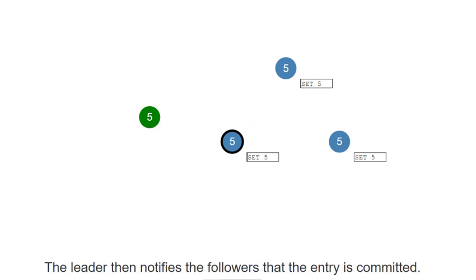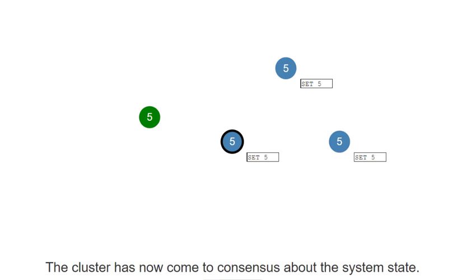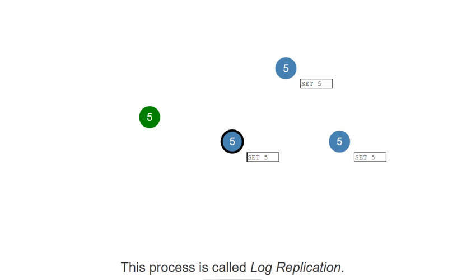The leader then notifies the followers, and the followers then commit their entry. The cluster has now come to a consensus about the system state. That is, all of them have 5 as their value, right? As their state, you can say state or value, anything. This process is called log replication.